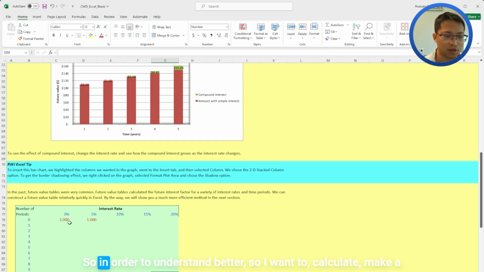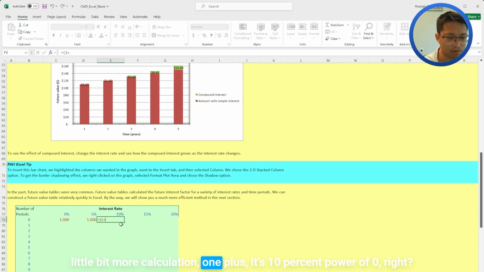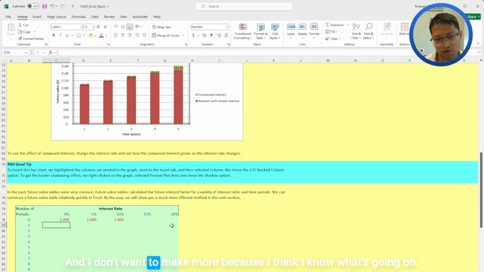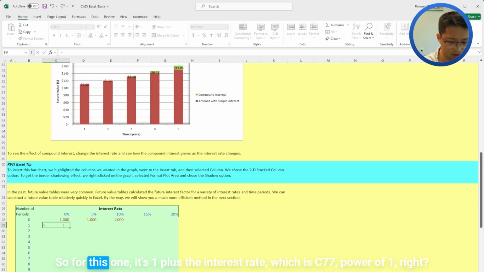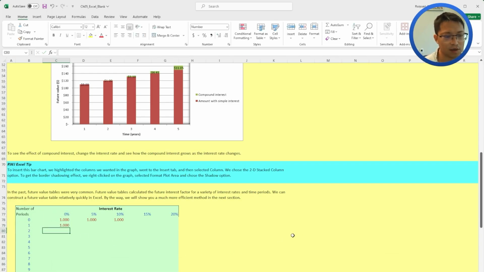So in order to understand better, I want to make a little bit more calculation: 1 plus 10% to the power of 0. And I don't want to do more, because I think I know what's going on. So for this one, it's 1 plus the interest rate, which is C77, to the power of 1, right?